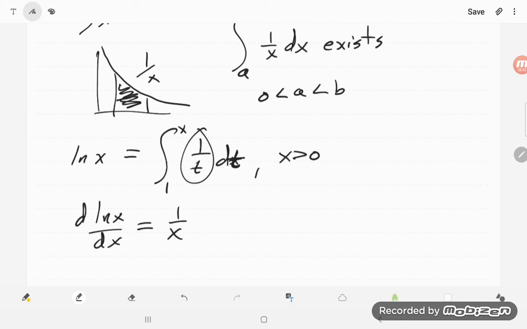So that is the definition here of the natural log function, which is very different from what you got in pre-calculus courses, because typically there you first learn the exponential function e to the x, and then you ask what its inverse function is, and we said that's the natural log of x.